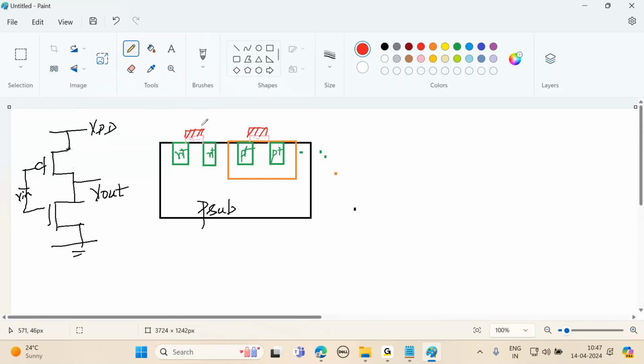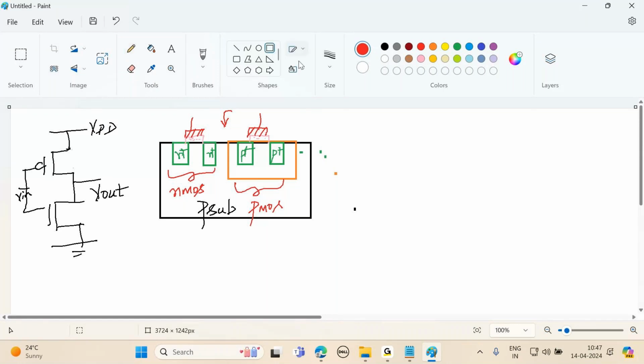This is your NMOS. This is your PMOS. Now, what you see from the top is called as layout. So, the top view of the 3D structure is called layout. So, how to draw the layout?